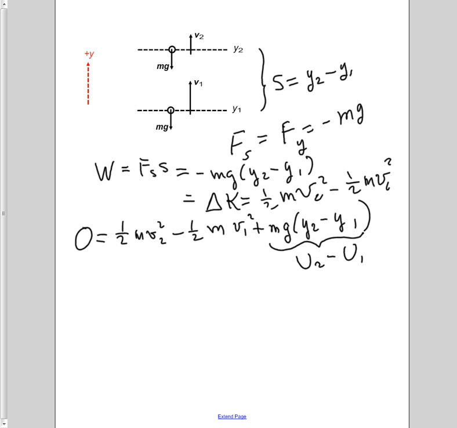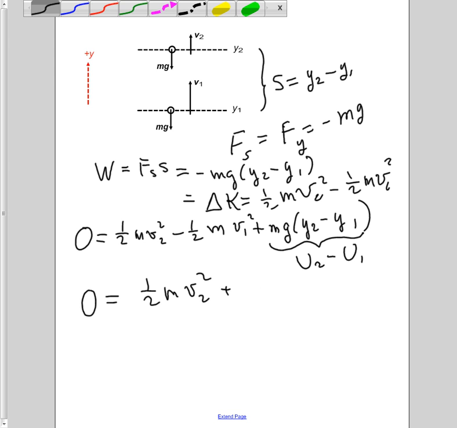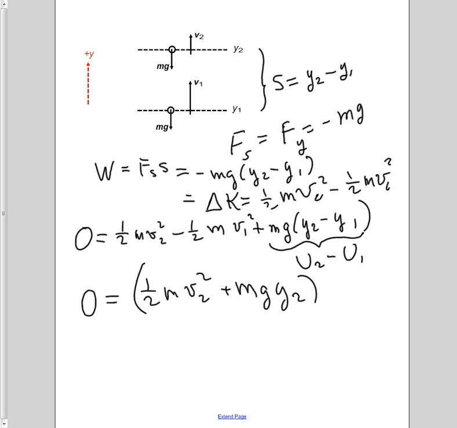And so now we rewrite this as 0 equals 1/2 mv2 squared plus mg y2 minus 1/2 mv1 squared plus mg y1.